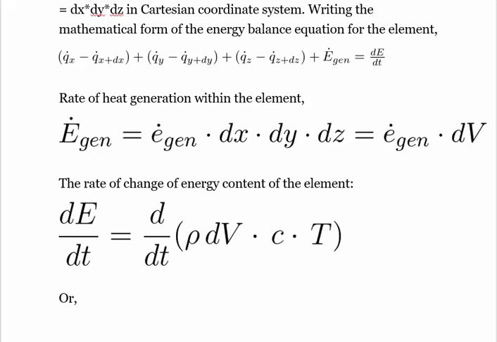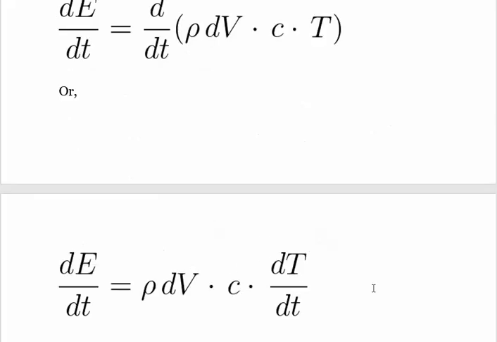When we talk about the change of energy with respect to time, that is the change of rho times volume times C times T with respect to time, where rho dV C T is equal to the capital E. The equation rho V C dT/dt is equal to the term m C dT/dt.